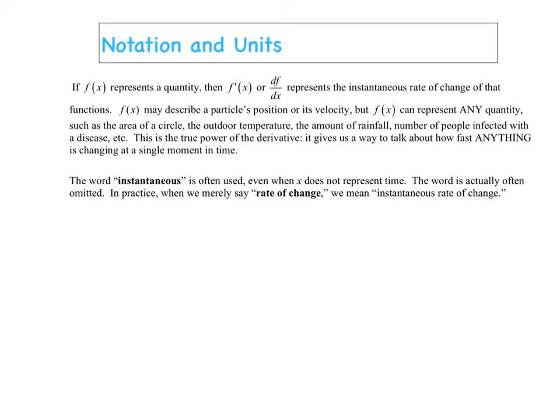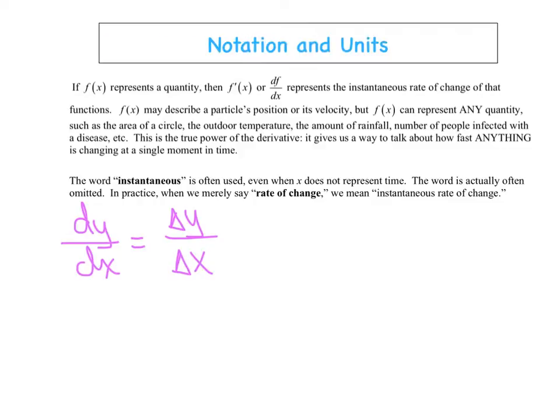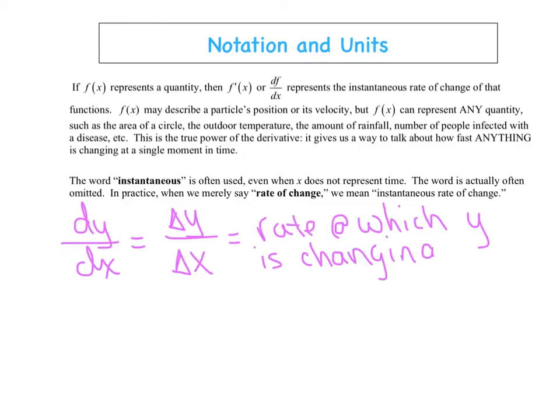Now, we've always said dy/dx, and that can be thought of as the change in y divided by the change in x. And basically what that's measuring is the rate at which y is changing with respect to, or we could say per unit of x.